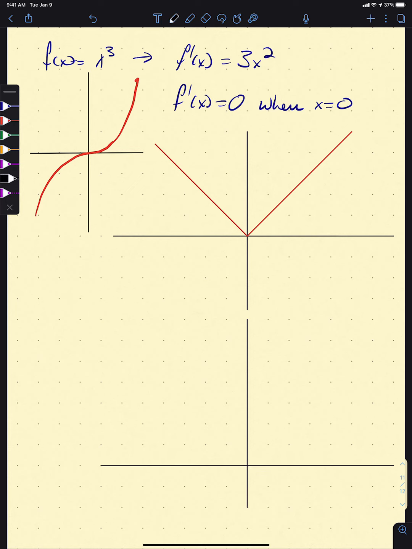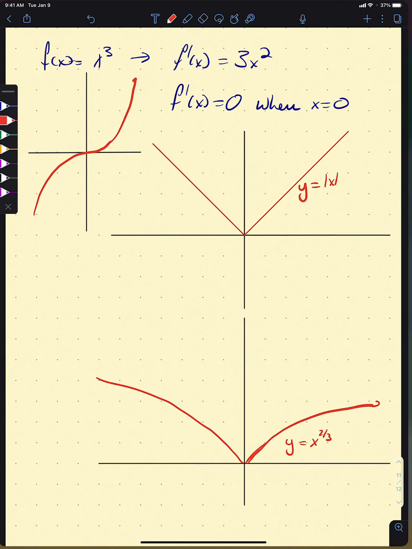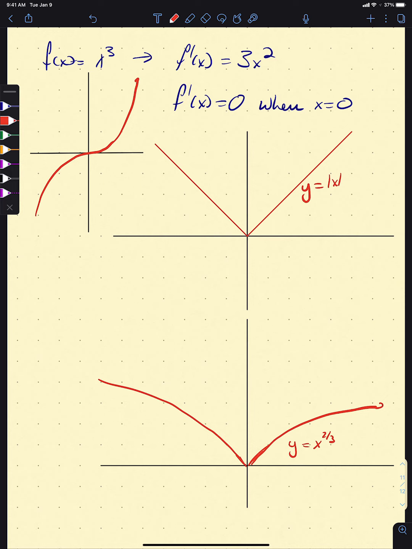Similarly, if we were to take a look at the graph of, say, y equals x to the 2/3, something that we looked at in the last part of the lecture, this guy's going to look like this, where these two come to a point. Once again, we see that we should have a local minimum right here. But our derivative doesn't exist there, as we saw in the last part.